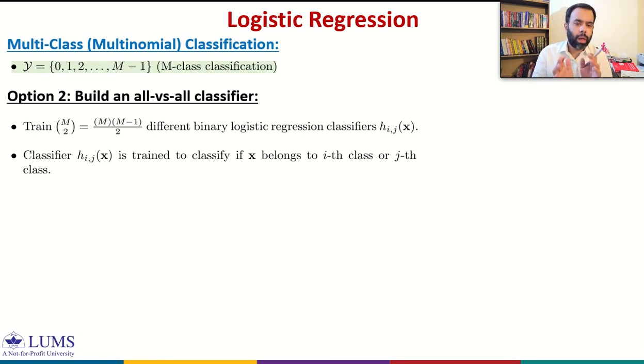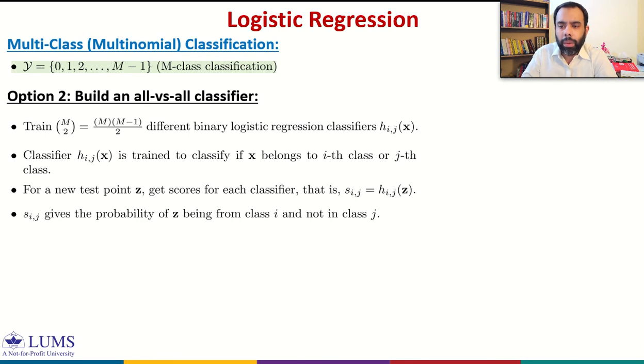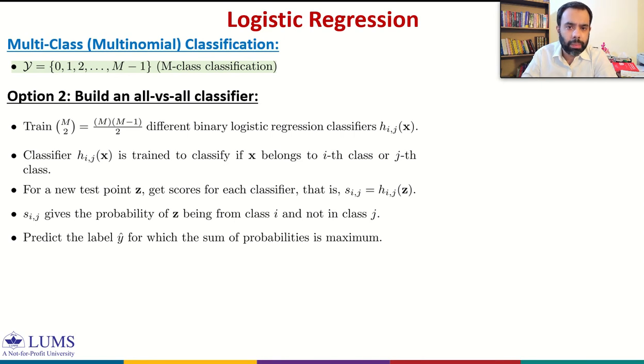So we have a classifier to compare any two classes out of m classes. For a new test point z, we get scores for each classifier that quantify the probability that z is in class i or class j. We can predict the label y for which the sum of probabilities is maximum.